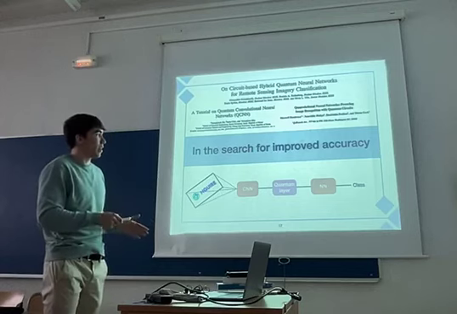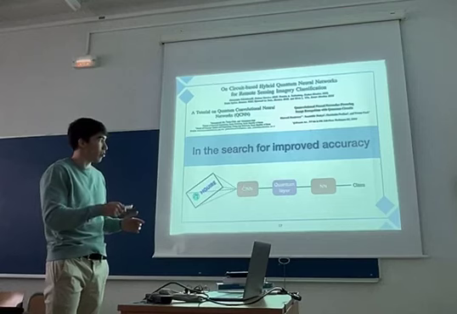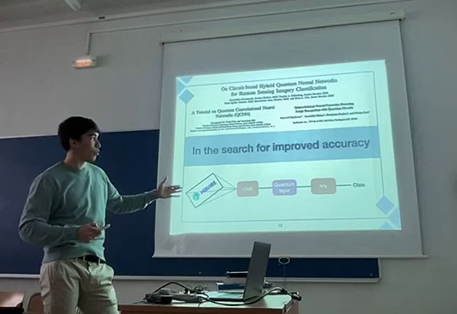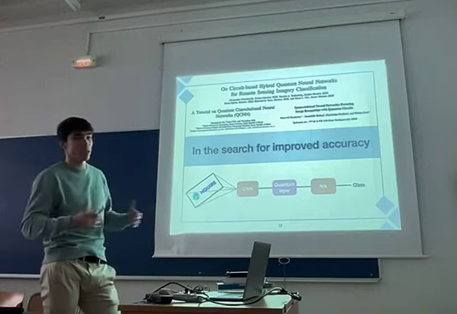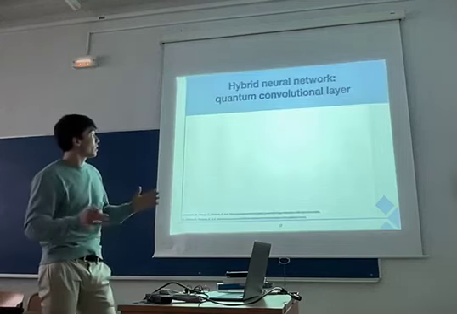Obviously, the complexity here is worse than in the classical case, because in the classical case you have this, and you don't have this. So what we want to do in some way is to try to obtain better results, not to obtain the results faster, obviously.